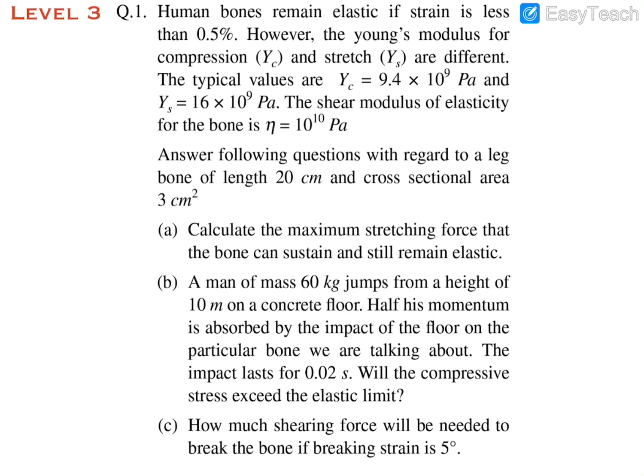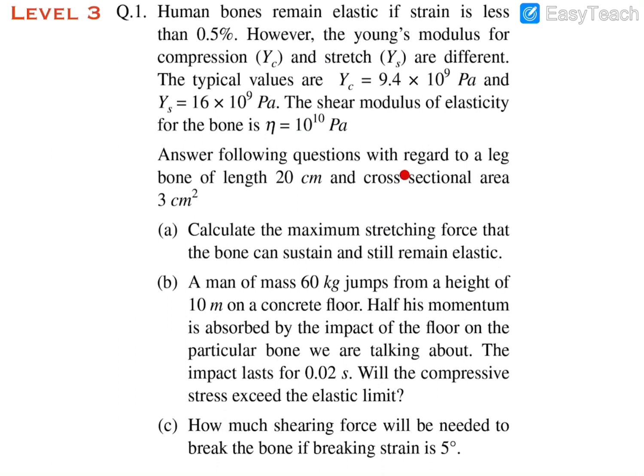So in the first question, you can see that it is given that human bones are elastic if the strain is less than 0.5%, and that the Young's modulus for compression and for extension are different for human bones, and the shear modulus is this.